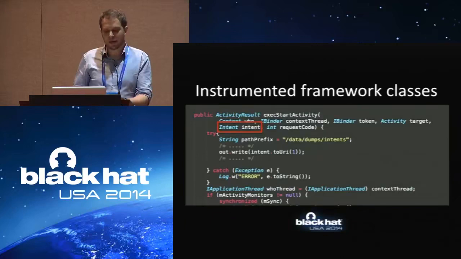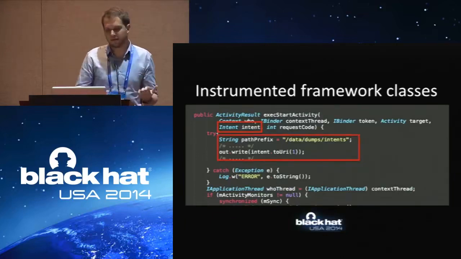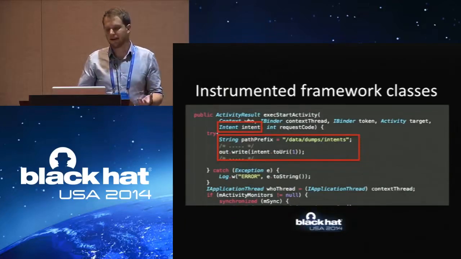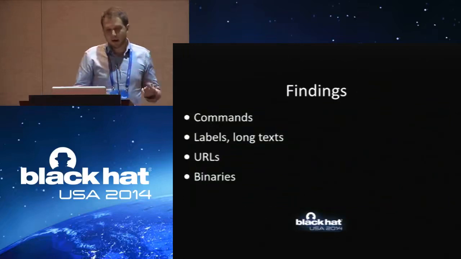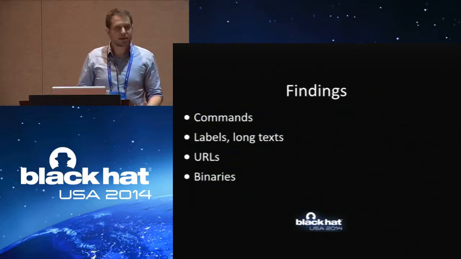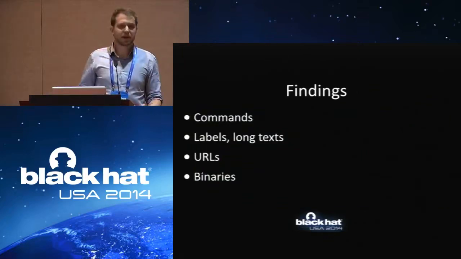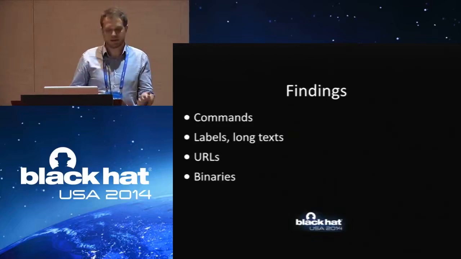As you can see here, we have the intent message, and we just took this intent and serialized it to a text file, so we could read what was going on there. Basically, we found commands, labels, long text, URLs, and also binary data such as audio tracks and images.